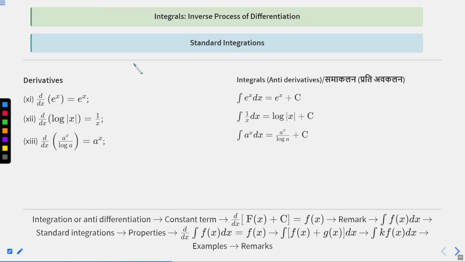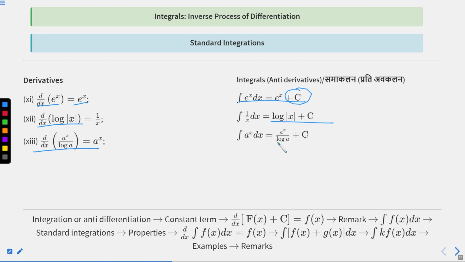Now more forms. Derivative of e power x is e power x. The integration of e power x is e power x plus some constant c. Now derivative of log of mod x will be 1 by x. The integration of 1 by x is log of mod x plus c. Derivative of a power x divided by log a is a power x. The integration of a power x will be what?